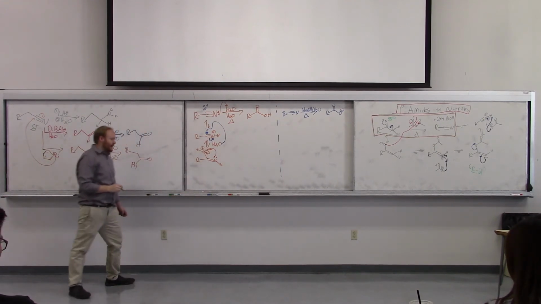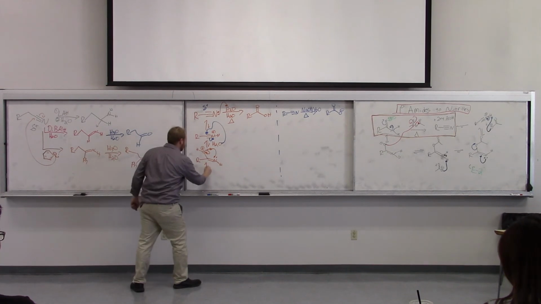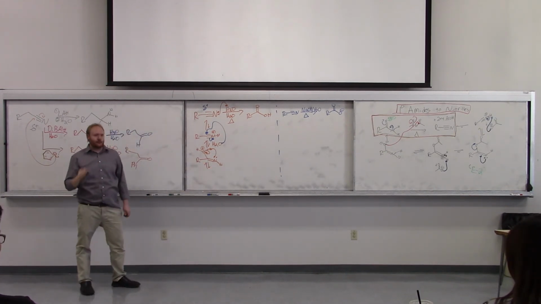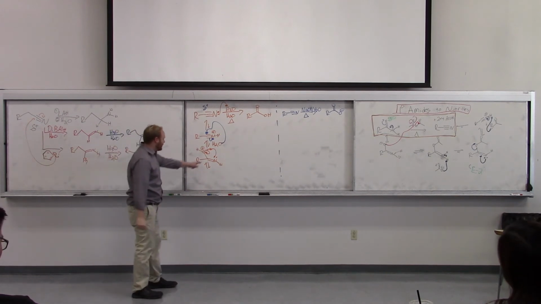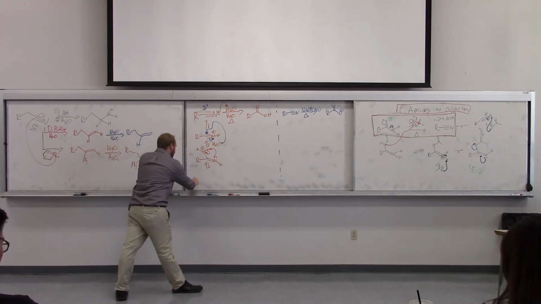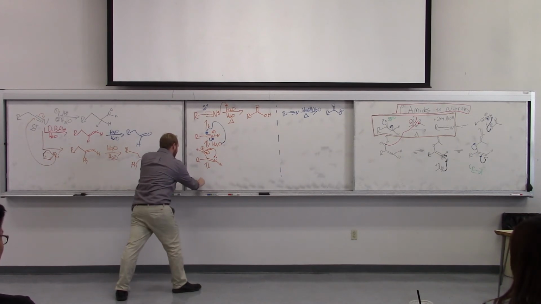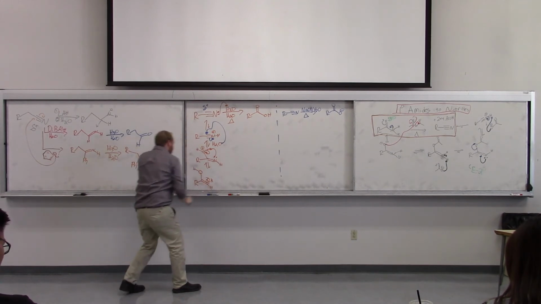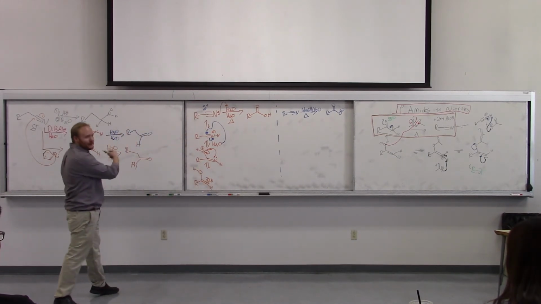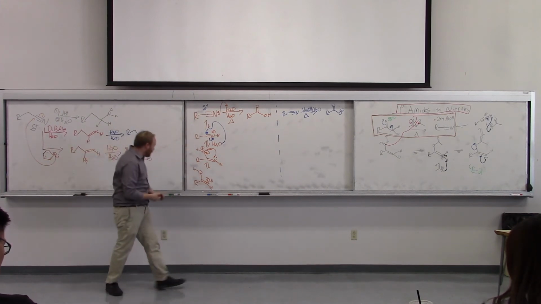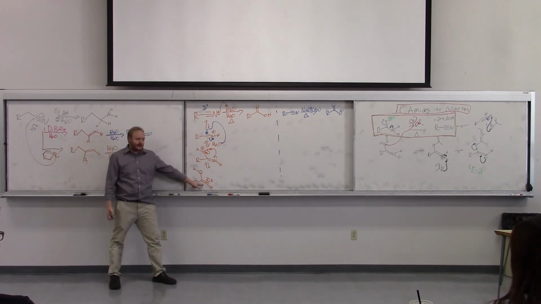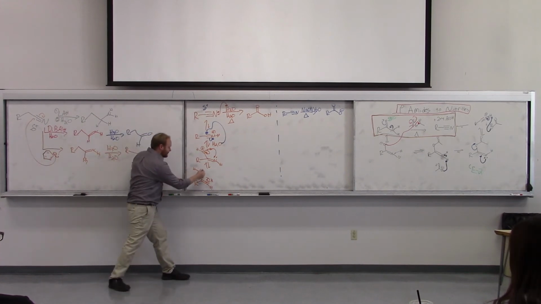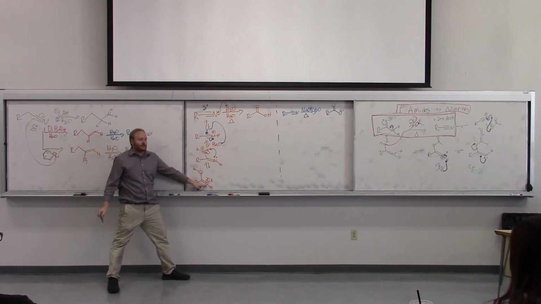So then we have a proton transfer. We can draw them inter- or intramolecularly in this case. I'll draw it intermolecularly. So that gives us an intermediate like this. Now we can draw a resonance structure, because this is a nitrogen with a positive charge after it.